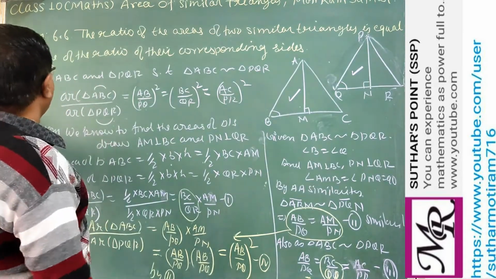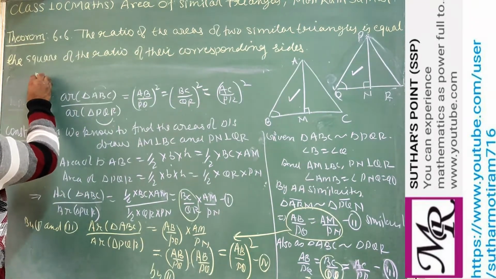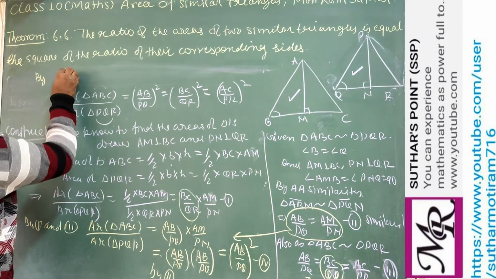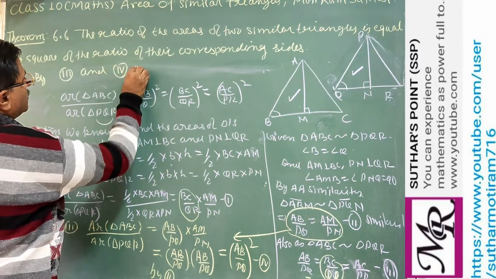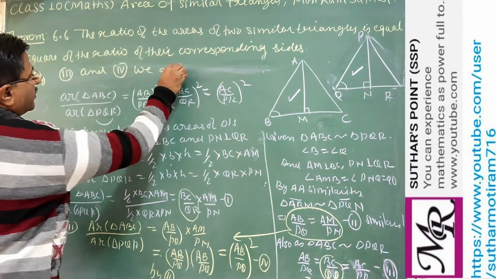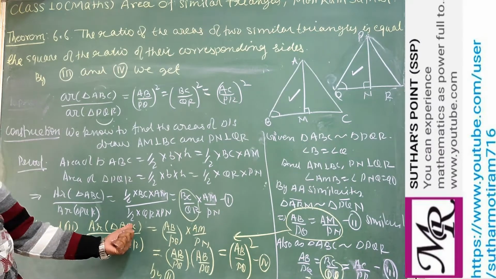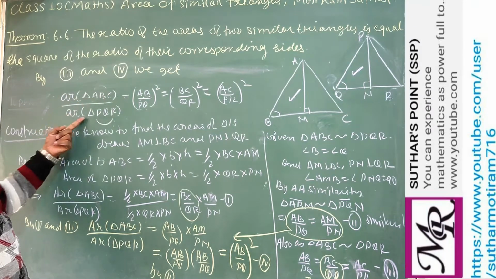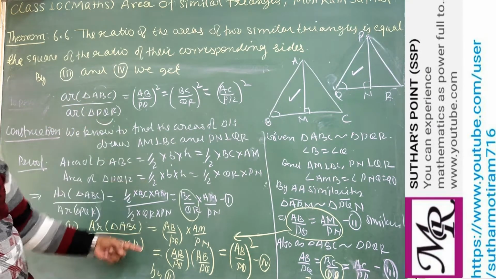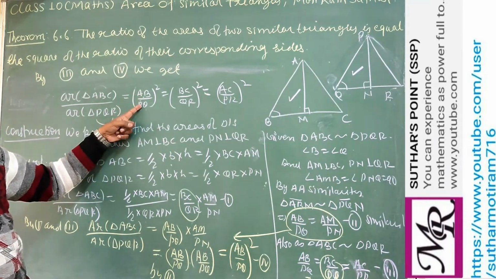So at last you write, by third and fourth, we get: area of triangle ABC upon area of triangle PQR equals AB upon PQ squared.